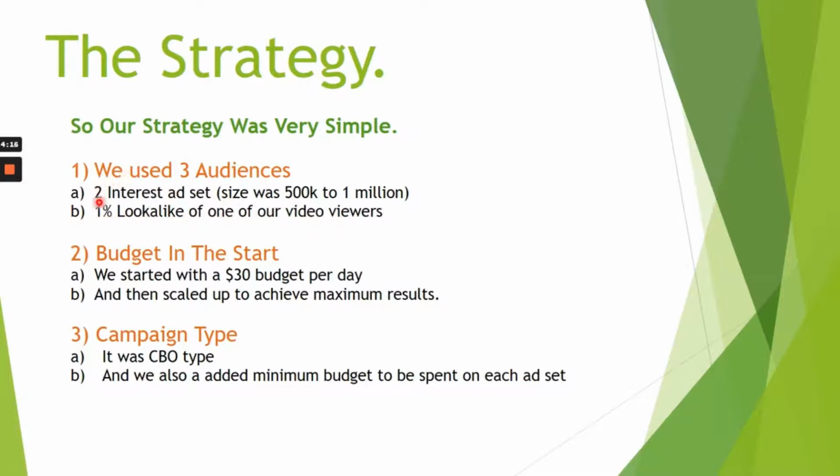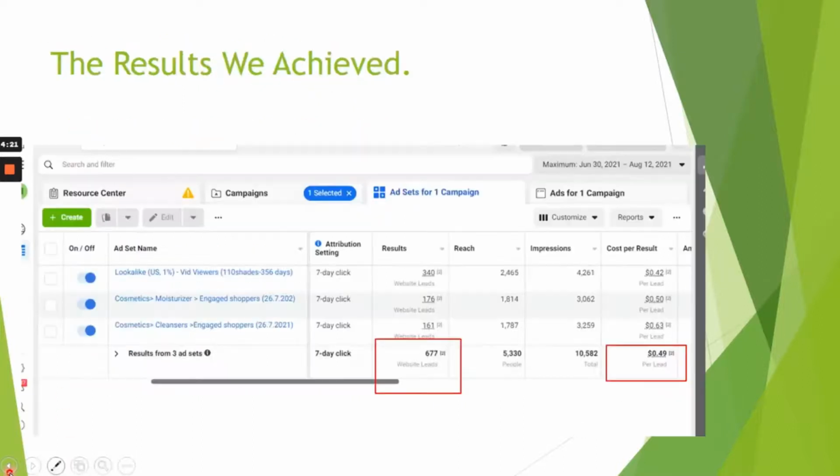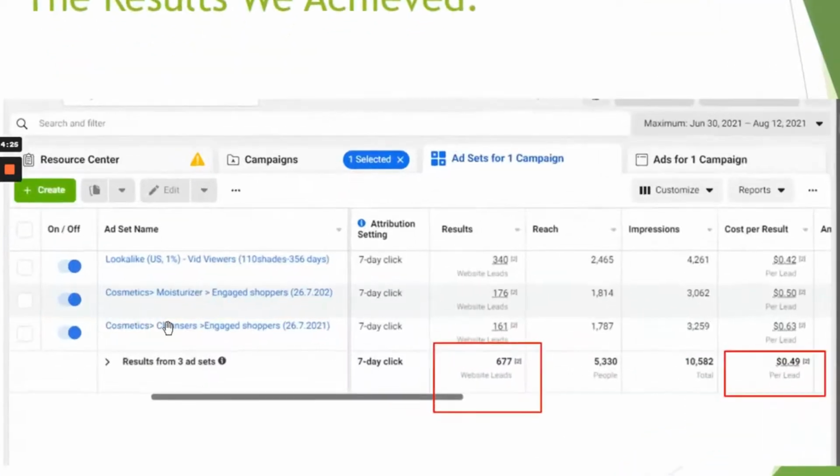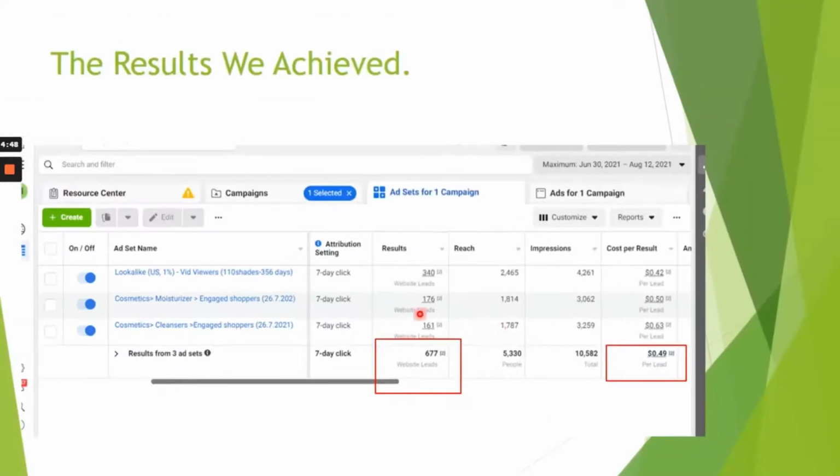So now if I compare the results of all of these three audiences, let's go back to the previous screenshots. As you can see, this is the look-alike audience, and this ad set brought us 340 leads, and the second ad set brought us 76 leads, and the third ad set brought us 161 leads.